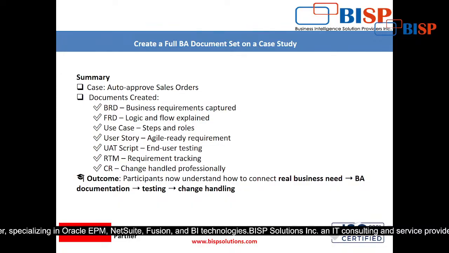Then you will send it for the approval, so it might take 1 or 2 days. Then you have to write down the FRD. Once the BRD is approved, then you have to again write the functional requirement document, and then give it for sign off. So take 4 days for that also. Then use cases, and the user stories, 1 or 2 days for that.